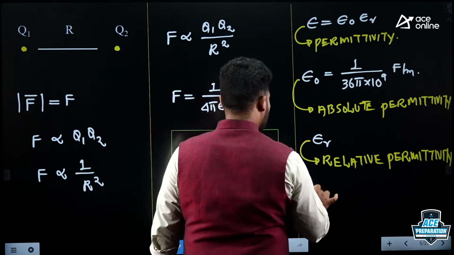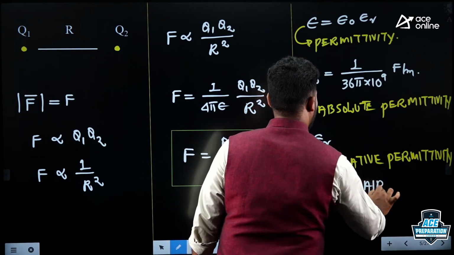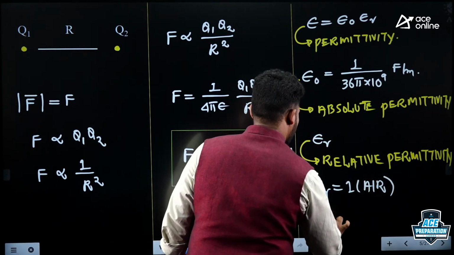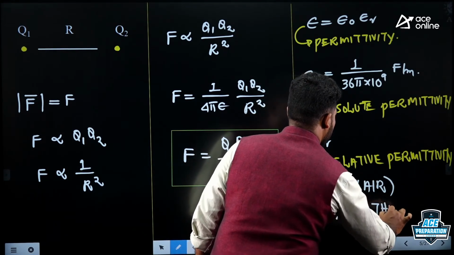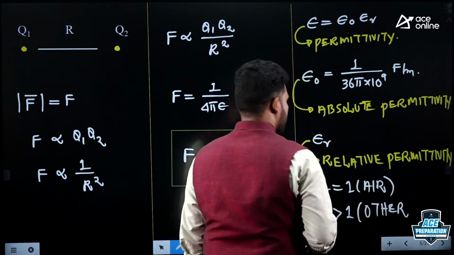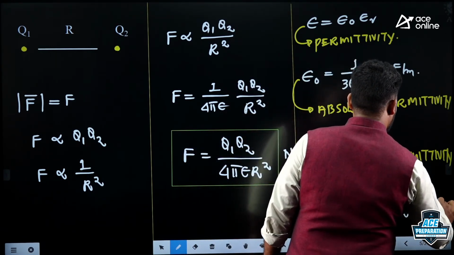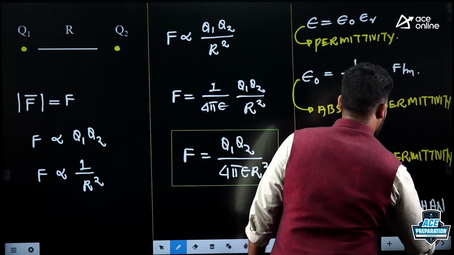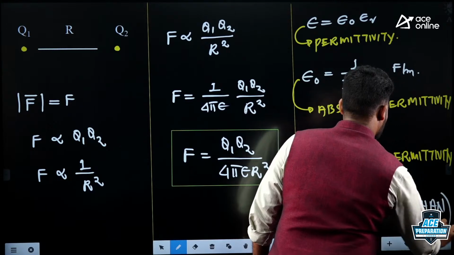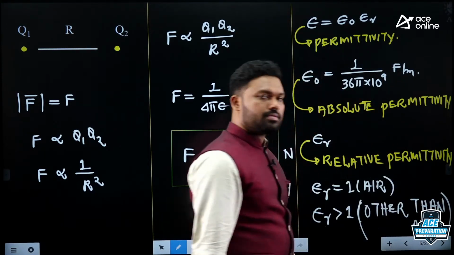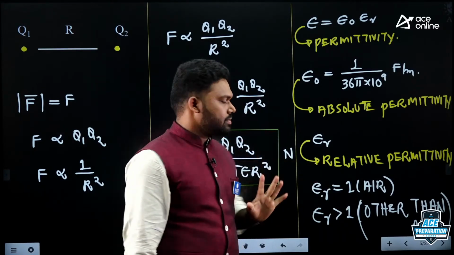Epsilon r value is equal to 1 for the air, and it is greater than 1, remember this point, for other than air, something like a glass. So for the air, epsilon r is equal to 1.